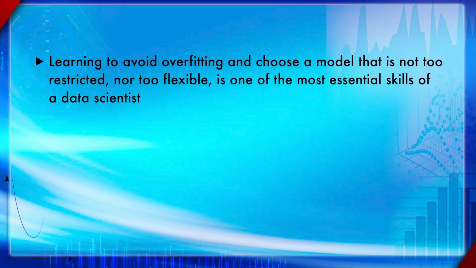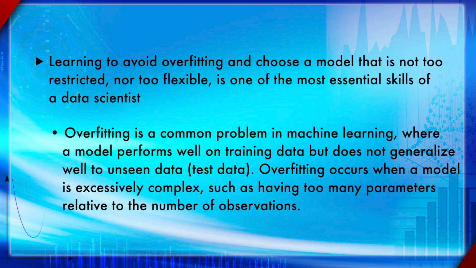Learning to avoid overfitting and choosing a model that is not too restricted or not too flexible is one of the most essential skills of a data scientist. So you need to find a model. A model is nothing but a mathematical equation which is not too restricted and not too flexible. Overfitting is a very important issue with machine learning and artificial intelligence, where a model performs very well on the training data, but it doesn't generalize to real-world data or unseen data.